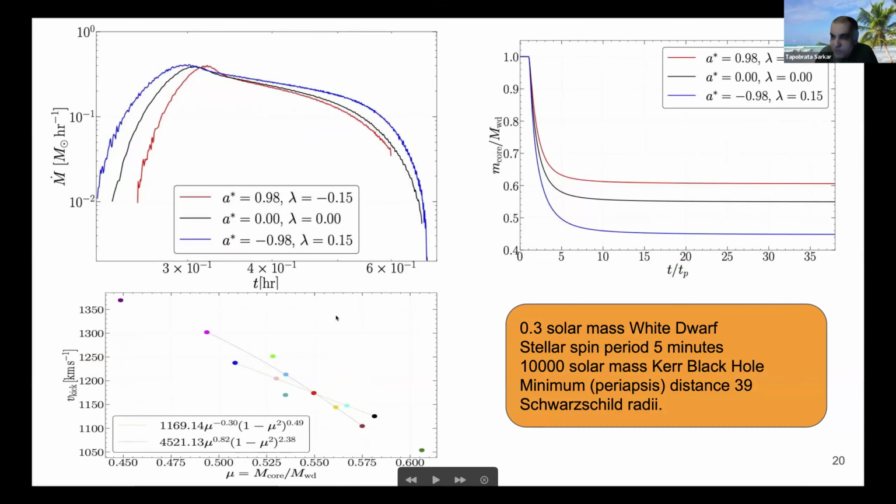So what people have shown is that because of angular momentum conservation and things like that, when the star disrupts asymmetrically, the remaining core gets a large impulse. And because of that impulse, it can actually escape from the attraction of the black hole.